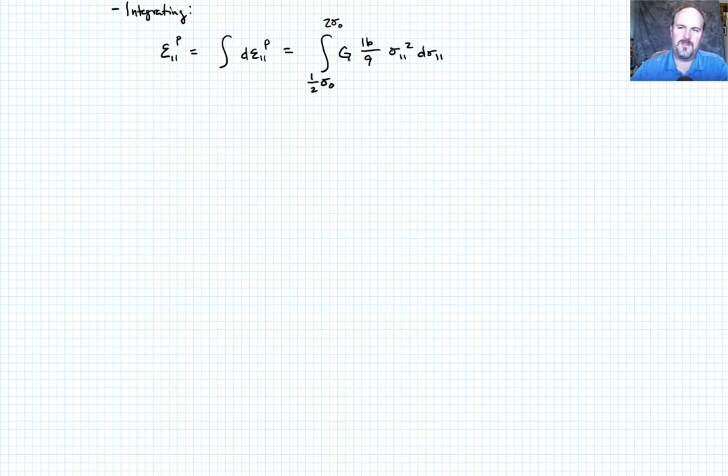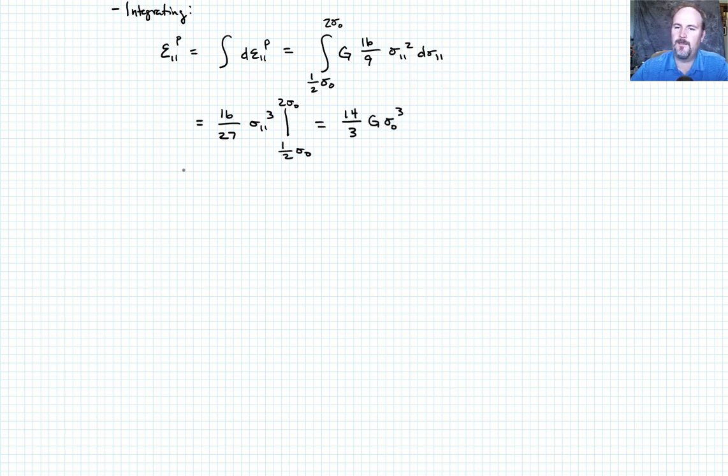In this case, obviously g is constant, 16 ninths is constant, and so we can write this integral as 16 divided by 27 times sigma 1,1 cubed, evaluated from 1/2 sigma naught up to 2 sigma naught, which you can go ahead and do the algebra from there, but it ends up coming back to 14/3 times g times sigma naught cubed.